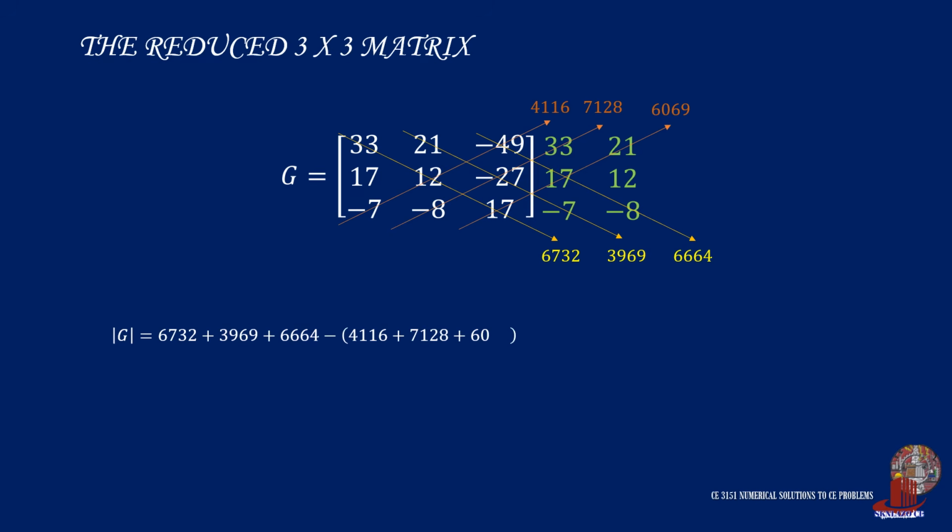Place all these to have the determinant of G as 6,732 plus 3,969 plus 6,664 minus the quantity of 4,116 plus 7,128 plus 6,069, resulting to the determinant of G as 52.